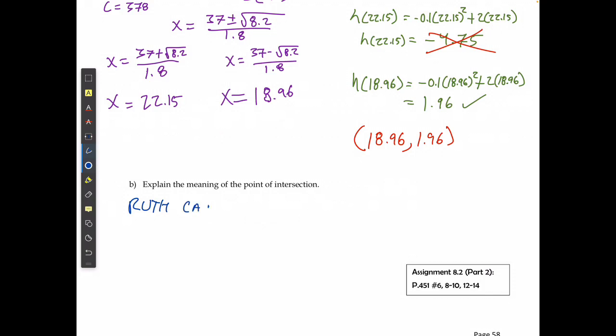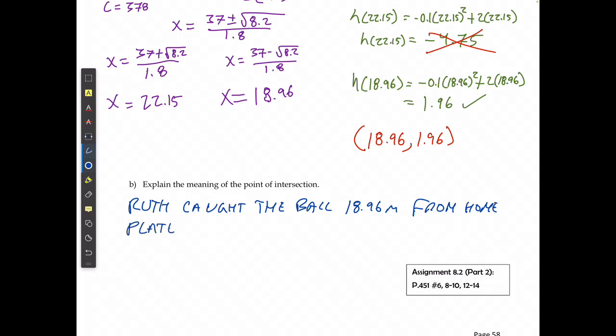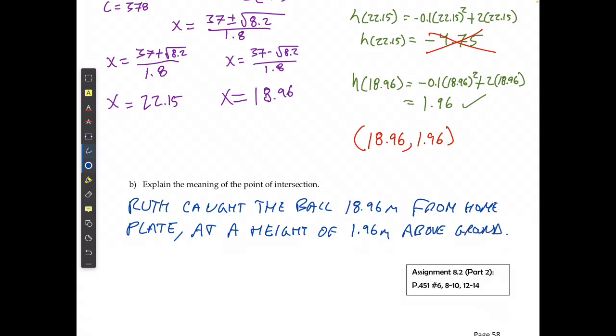Ruth caught the ball 18.96 meters from home plate at a height of 1.96 meters above ground. And that's it.